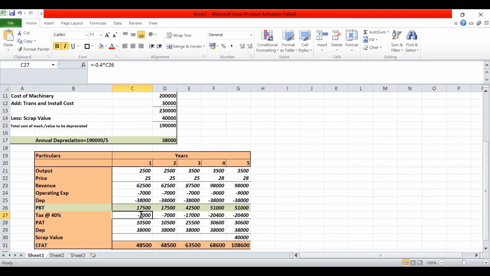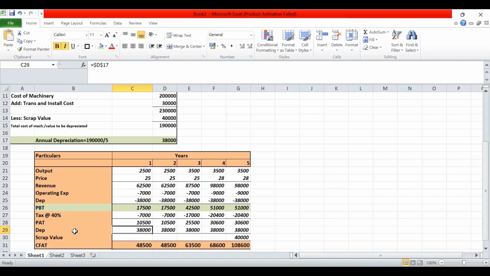The formula can be 0.4, that is 40%, into the profit before tax value. No need to fix the cell. We will drag it. And I have inserted a negative sign so that we can subtract it easily. So just use this formula and drag it further in order to get the tax for all the years. And then profit after tax will be 17,500 minus 7,000. You can sum them up also by using the sum function and you will get the subtracted amount.